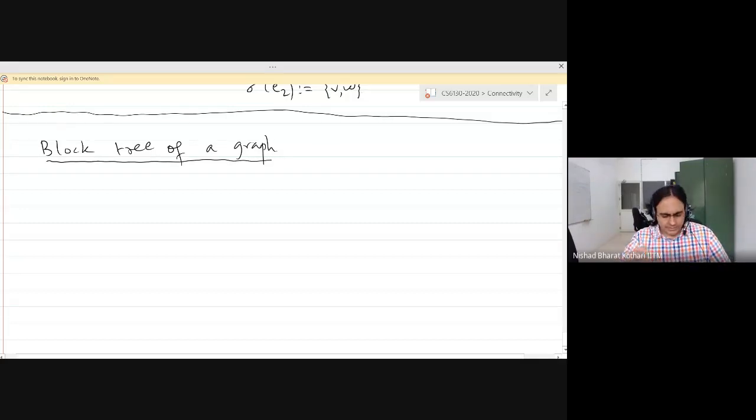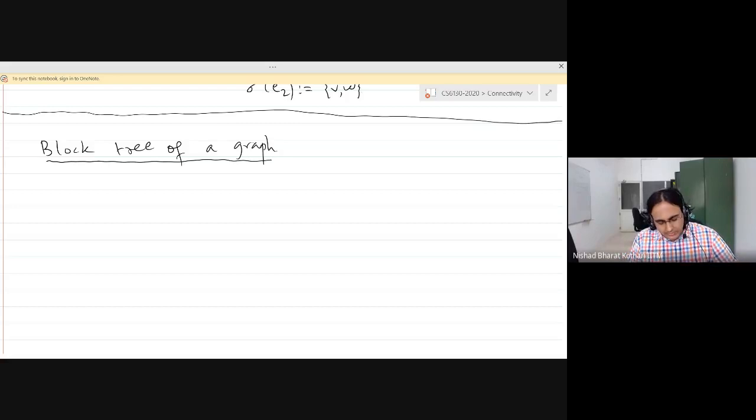Ear decompositions. So what is a decomposition? Vaguely speaking, a decomposition is a way of breaking a graph into smaller graphs, or a way of building a graph from smaller pieces. That is the rough meaning behind the usage of the word decomposition in graph theory. Okay? And also for that matter in English, when you decompose something, you break it into smaller pieces.